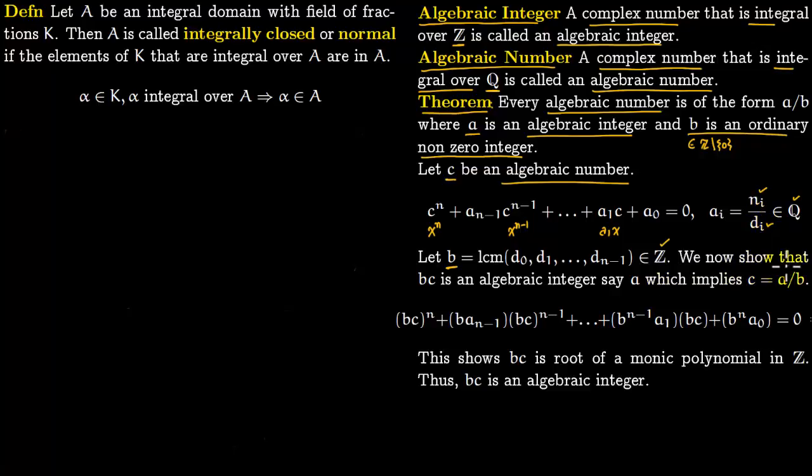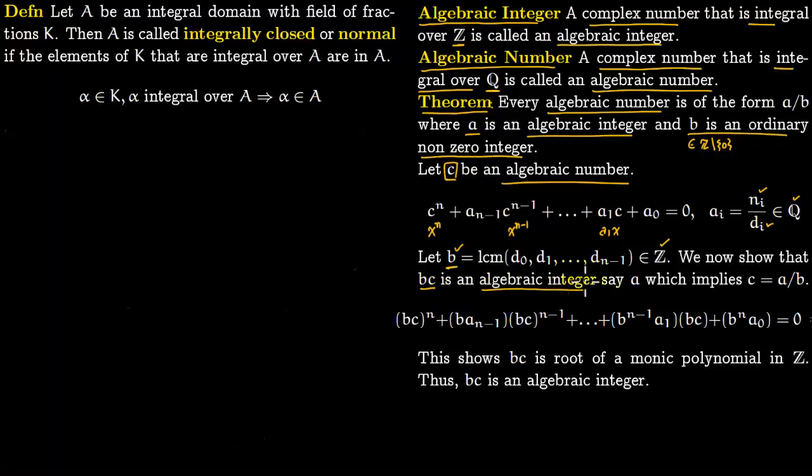We will now show that b times c, where b is the least common multiple of the denominators of all these rational numbers a_0, a_1, ..., a_{n-1}, and c is an algebraic number, is an algebraic integer. This we have to show.